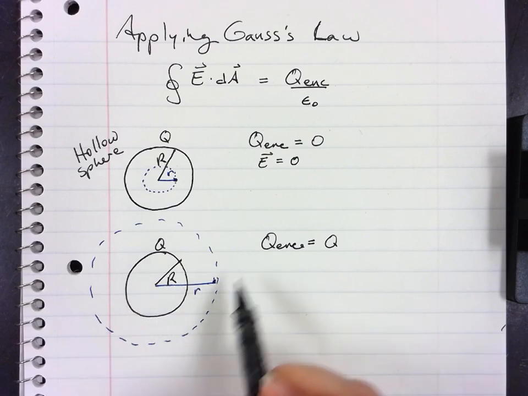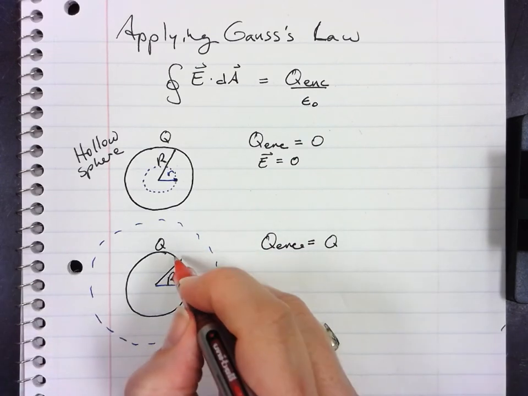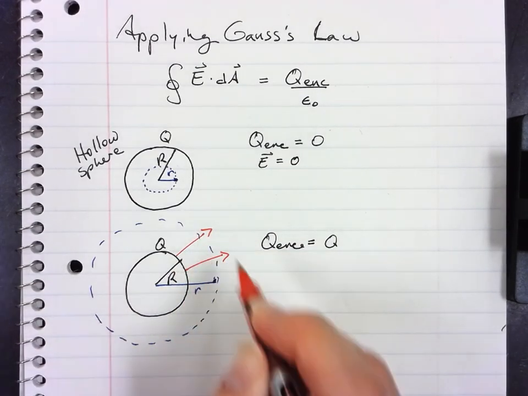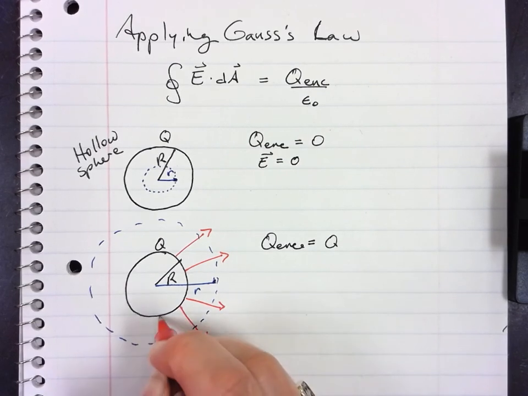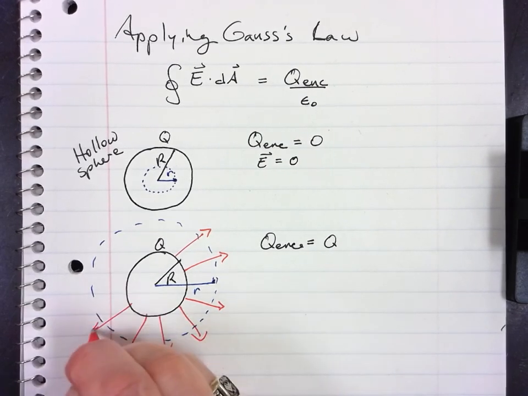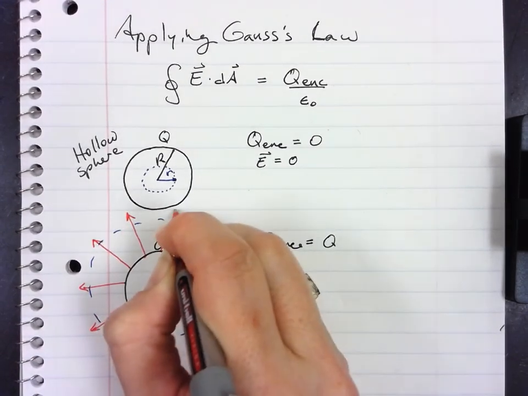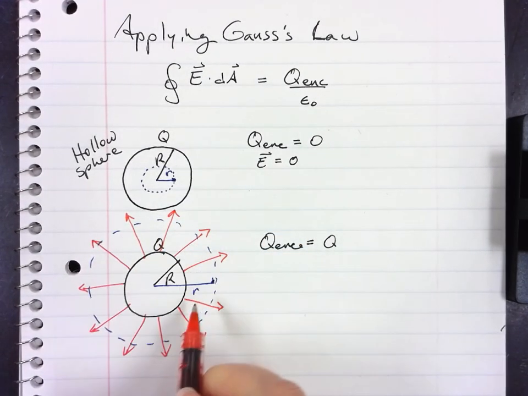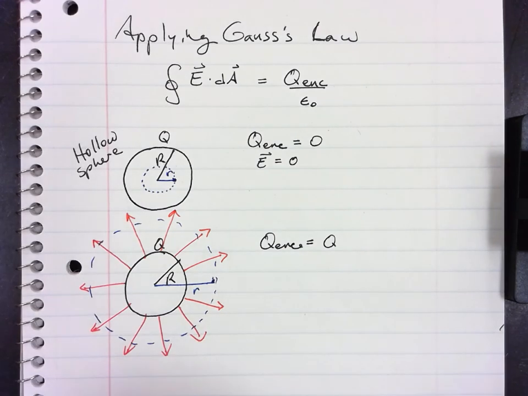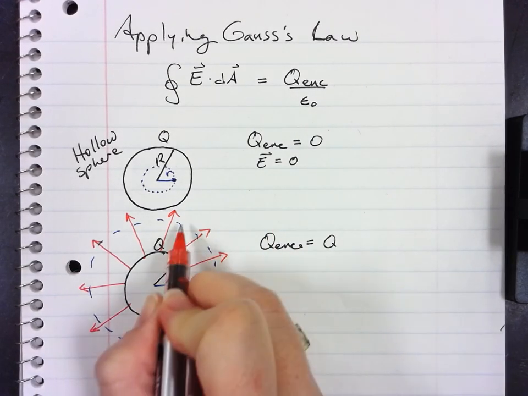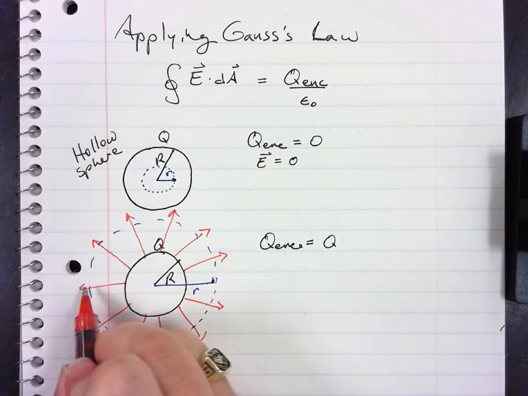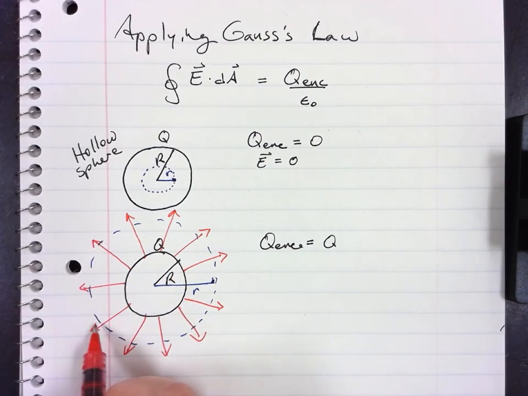Now, the thing to notice about this is my electric field points everywhere, assuming Q is positive, outward. And at every point that it crosses my blue Gaussian surface, it's headed directly outward. It's always perpendicular to the surface that I drew.